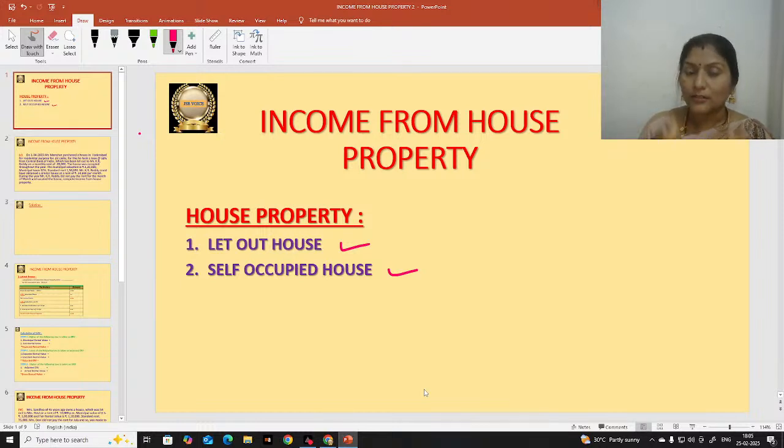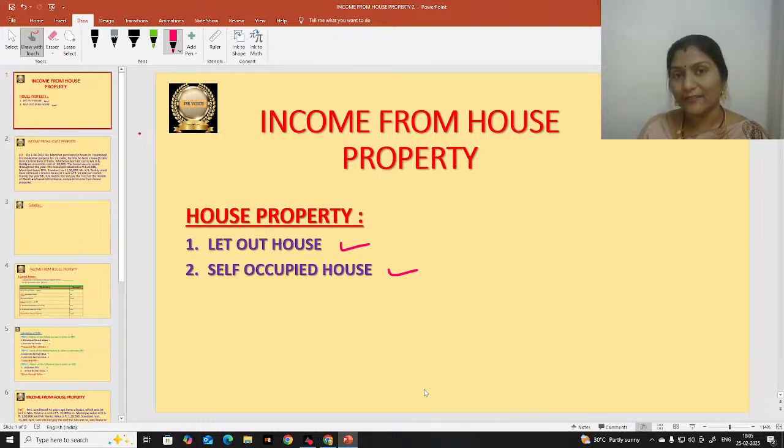That income will come under the tax category. What he actually gets out of that rent for 1 year will be calculated and tax will be imposed by the income tax department. Here we are going to learn how to calculate problems under let out house.